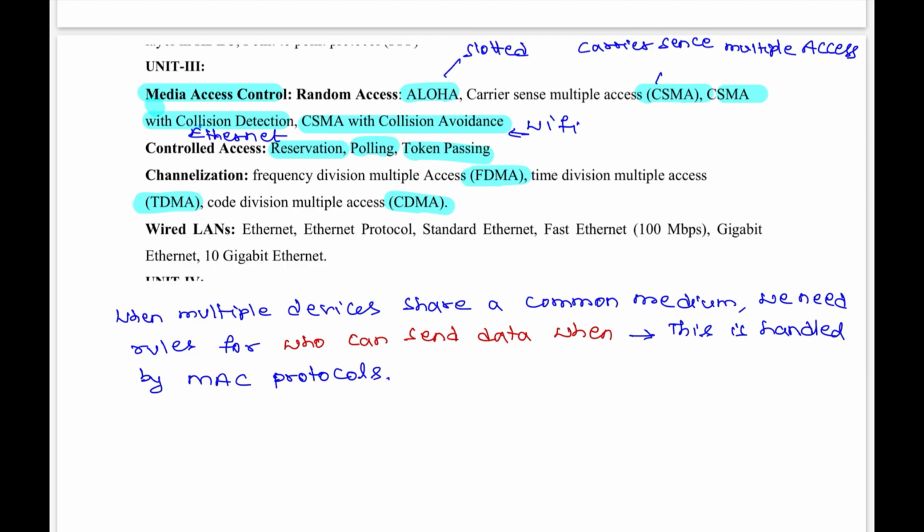Okay, and at last we will try to understand the wired LAN standards.